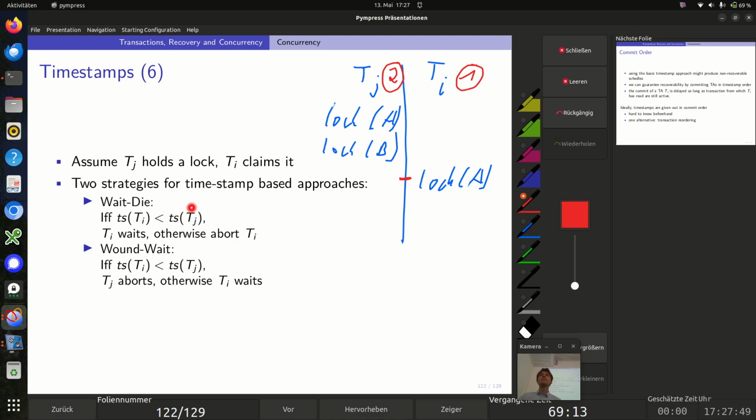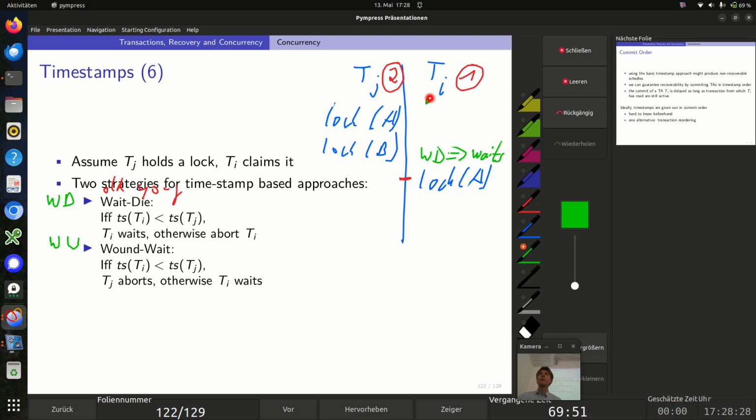Wait-die means the first one is the older one, the second one is the younger. So TI is the older one, so with wait-die it waits. Let's just call them WW and WD. So with WD, this means it waits.